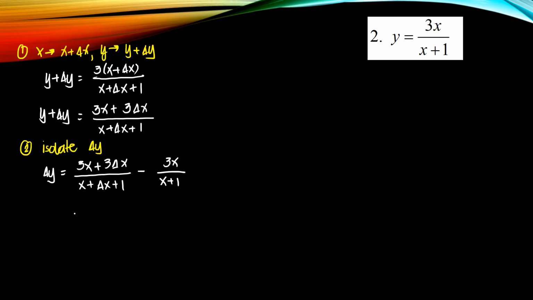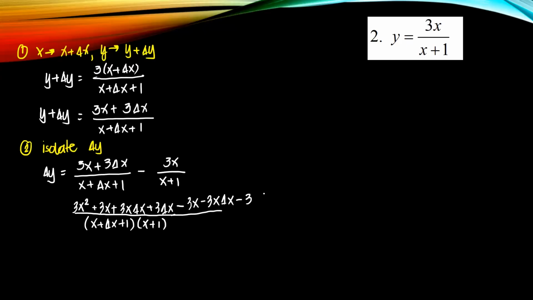It's okay. Let's just combine them. Maybe we can do something about this. So x plus delta x plus 1, x plus 1. So when you multiply, that becomes 3x squared plus 3x plus 3x delta x plus 3 delta x minus, let's go to the second term, 3x minus 3x delta x minus, 3x squared minus 3x.